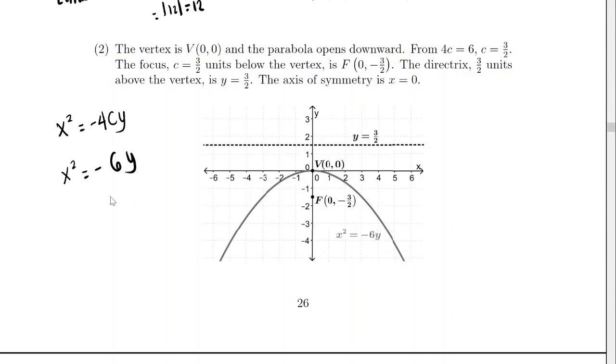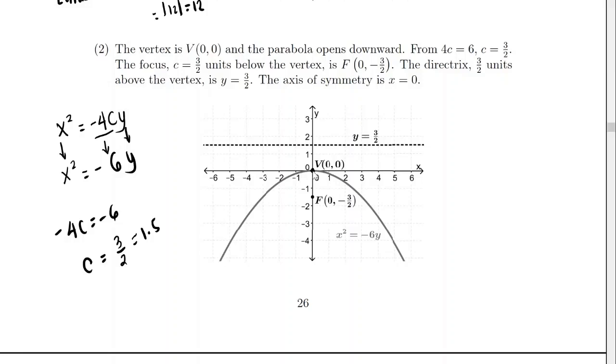So we have x squared, and negative 4c is equal to negative 6. If we divide both sides by negative 4, c is equal to 3 over 2, or 1.5. So the focus of the parabola is below the vertex, since the parabola opens downward.